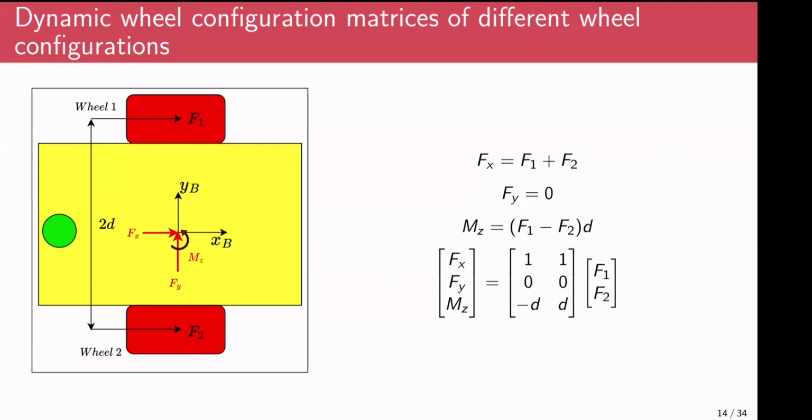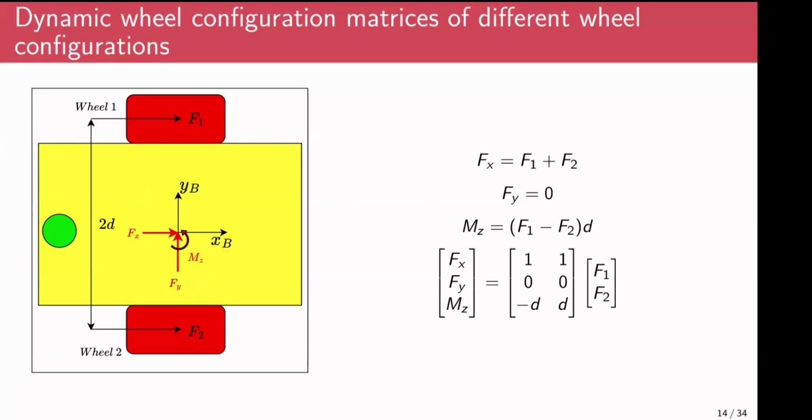Here we do something analogous. We transform this Fx, Fy, and Mz to the individual tractive forces on each of these wheels, F1 and F2, because we basically derived this from the equations of motion.